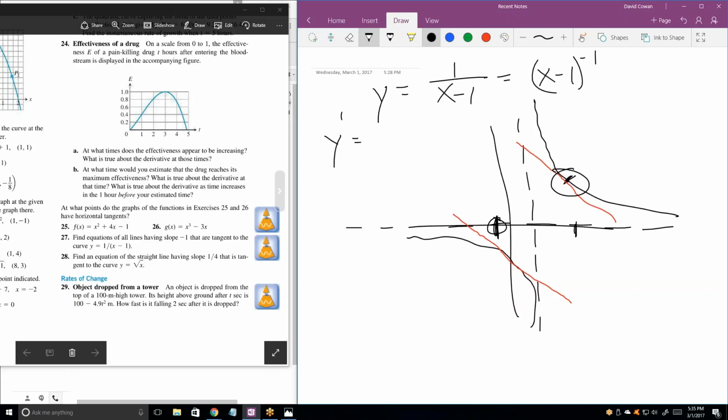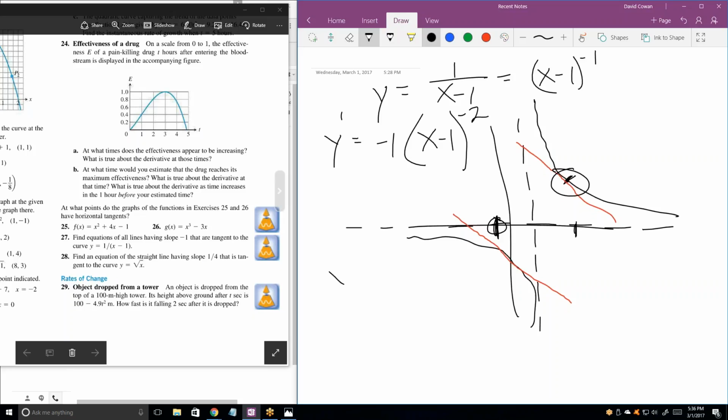And now I can just use the power rule. Well, start with the exponent, minus 1. The inside is still that. Subtract 1 from the exponent, and then multiply the whole thing by the derivative of the inside, which is 1.